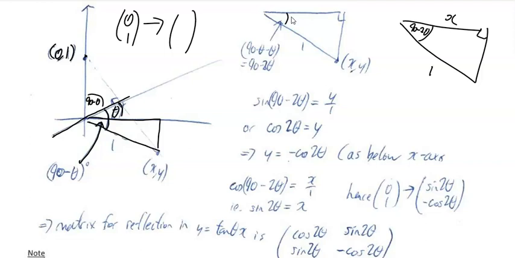And we want to find the x value, and we want to find the y value, so just using trig. So we'll find the y value first, and it says here sine of 90 minus 2 theta is equal to y over 1, or that's the same as cos of 2 theta is equal to y.